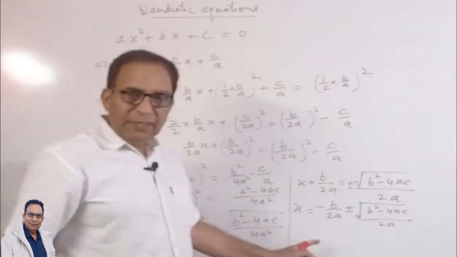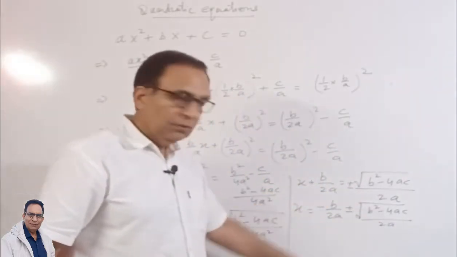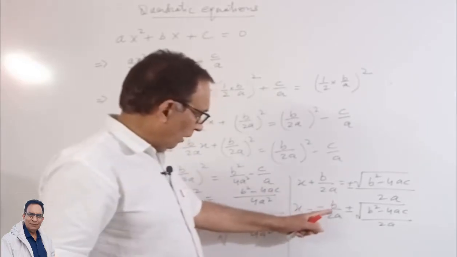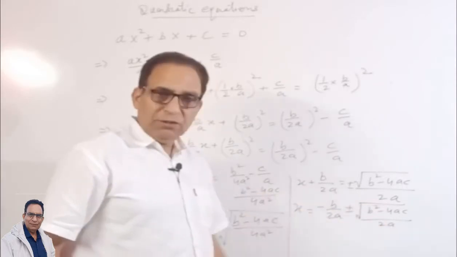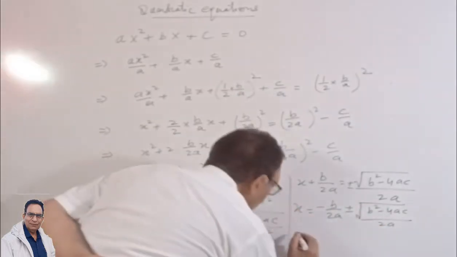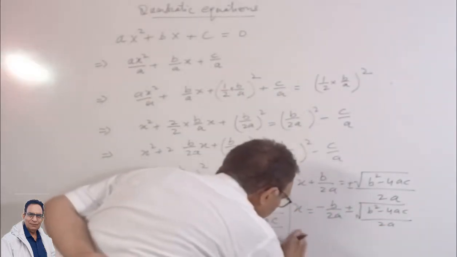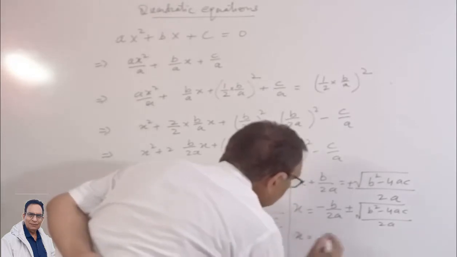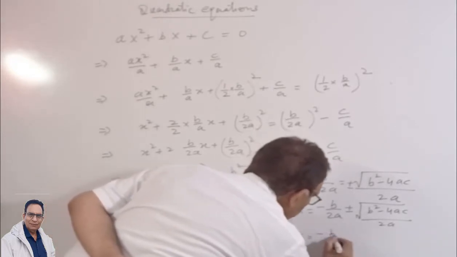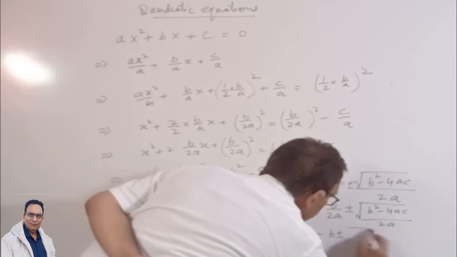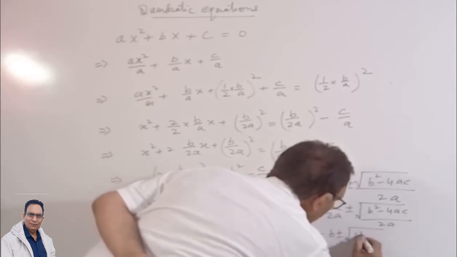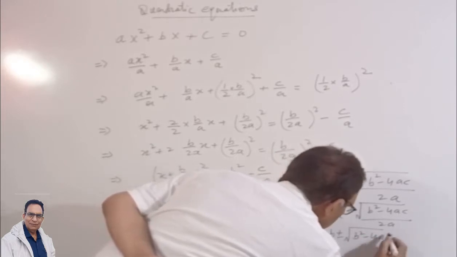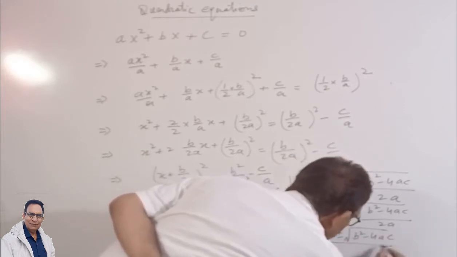Take LCM 2a, the denominator under b is 2a, and under this it is 2a. So take that common, and you will have x is equal to minus b plus minus radical of b square minus 4ac, divided by 2a.